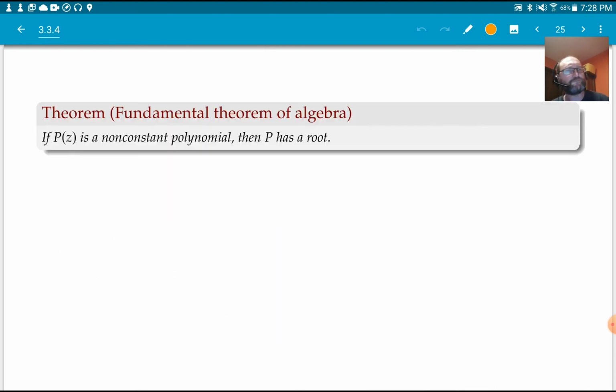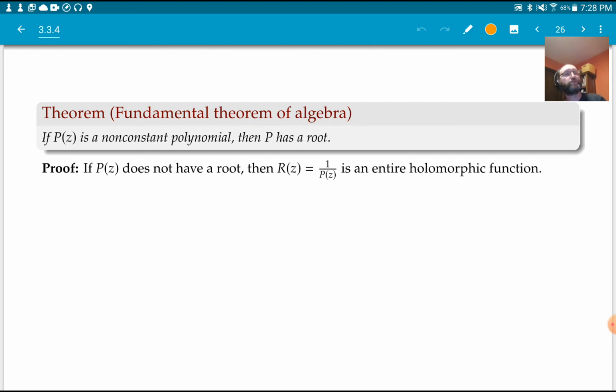All right. So the fundamental theorem of algebra. We're on a roll. Well, this is the third one that we're going to prove today. So suppose that we have a non-constant polynomial, then we're saying it has a root. And basically the idea is going to be to prove that if it doesn't have a root, then it's constant.